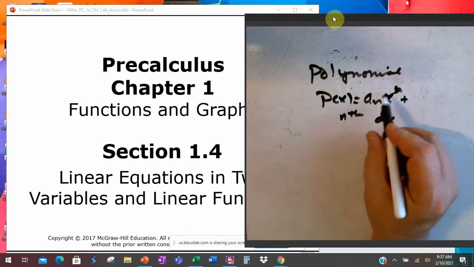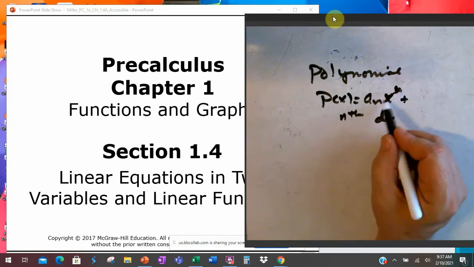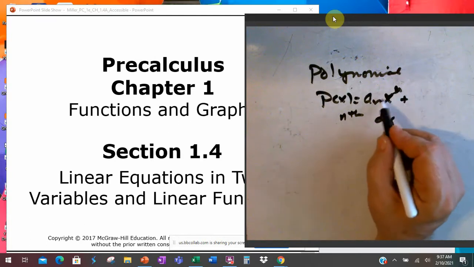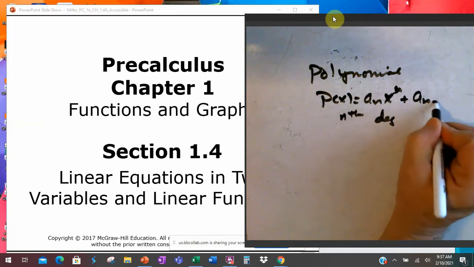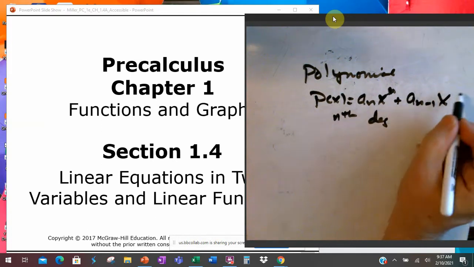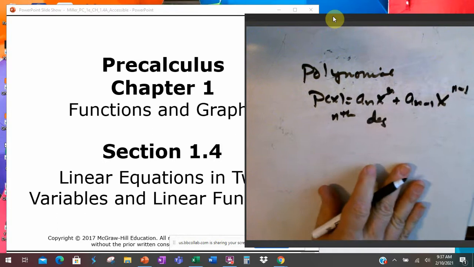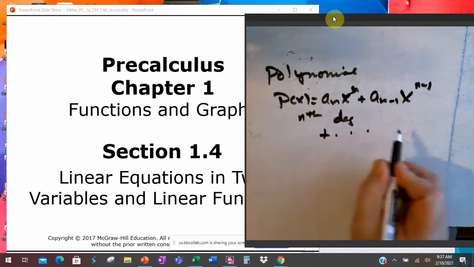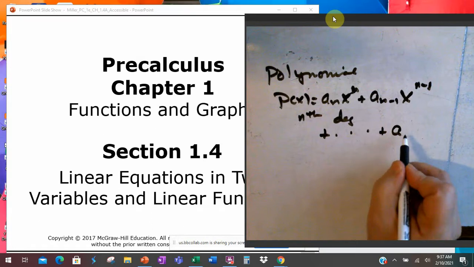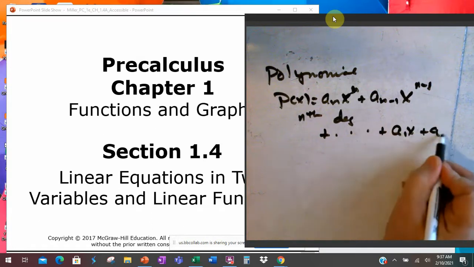An nth degree polynomial looks like I start with the nth. If this was a quadratic, a x squared, and then generally b x, so this is the n minus 1, plus all the way down to a1 x plus a0.